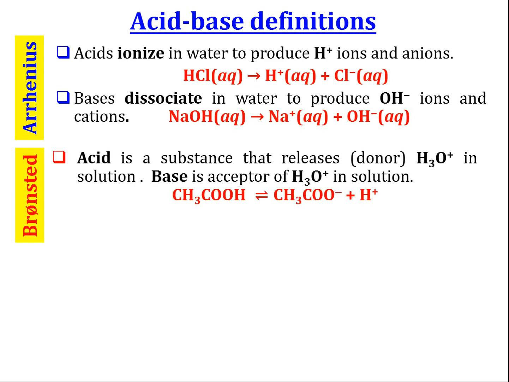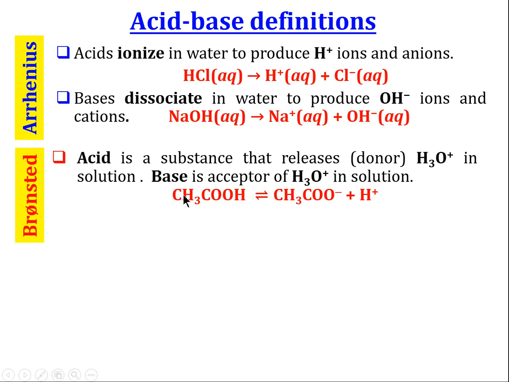According to Bronsted, the acid is defined the same way as Arrhenius. The acid is a substance donor of H+ in solution, and the base is a substance that is an acceptor of H+.